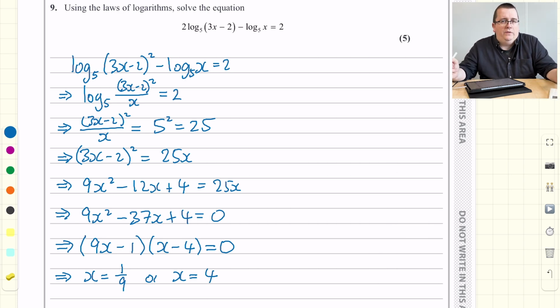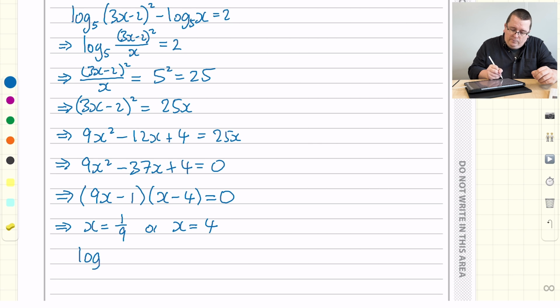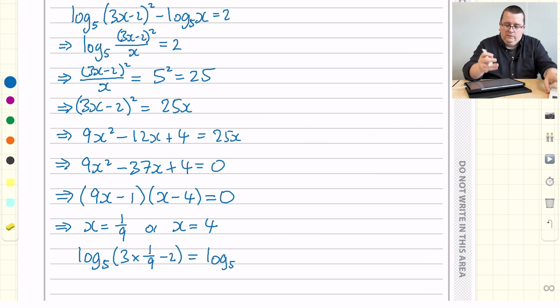Now, as is the way with these types of questions, sometimes only one of those answers works. So if we look at x is 4, log base 5 of 3 lots of 4 take away 2 is log base 5 of 10, that's fine. Log base 5 of 4 is fine. But it's when we substitute in 1/9, that's where we're going to have a problem. So log base 5 of 3 lots of 1/9 take away 2: we have 3/9 take away 2 is minus 5/3.